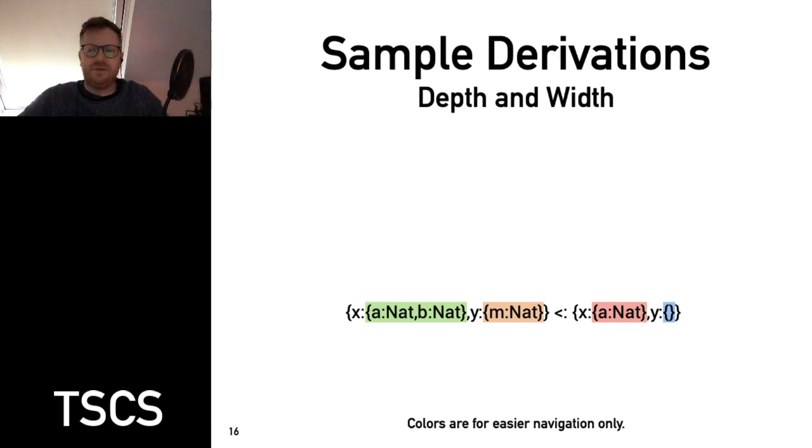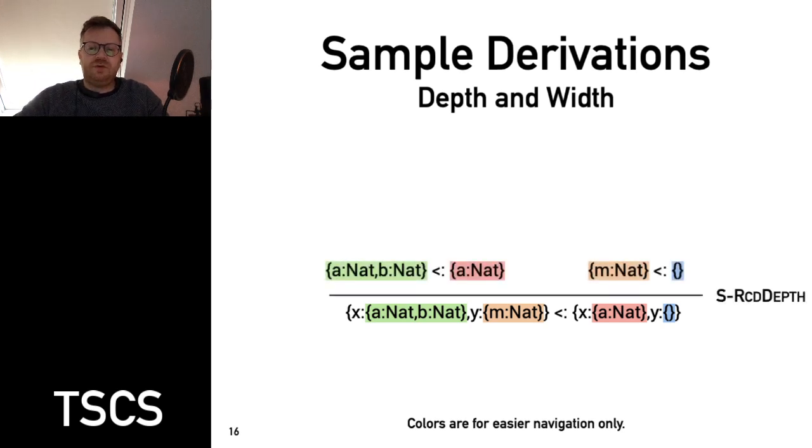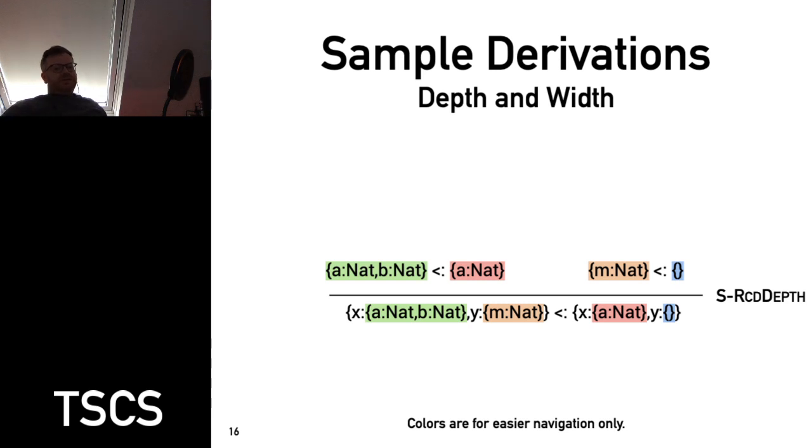So let's see. The first rule that we apply is this sRCD depth rule. The sRCD depth rule gives us that we can show if these are in a depth relationship.